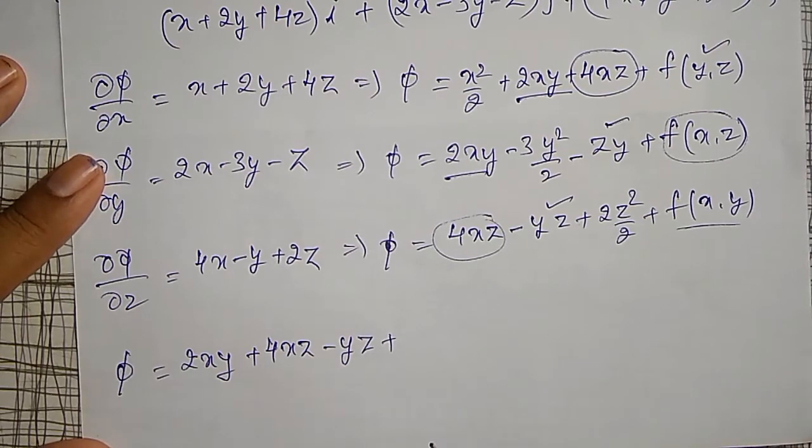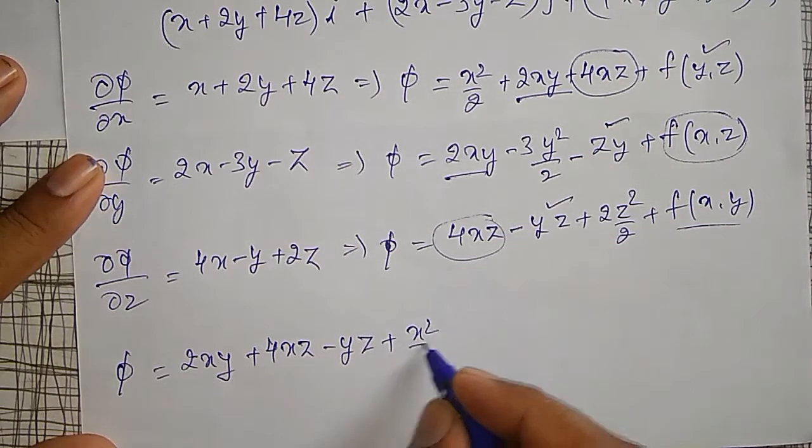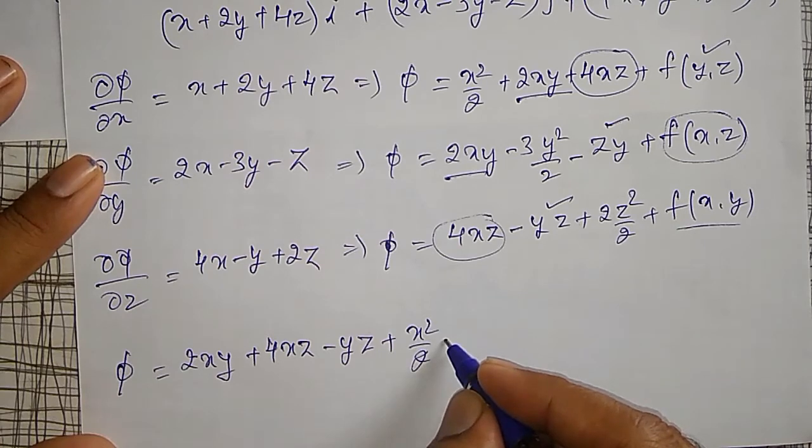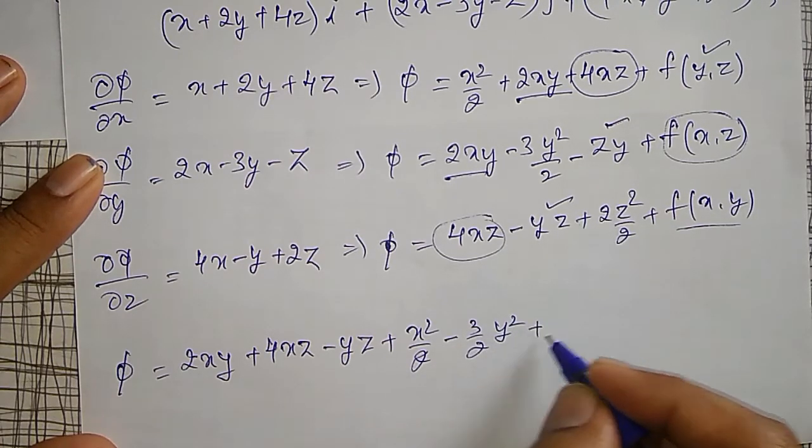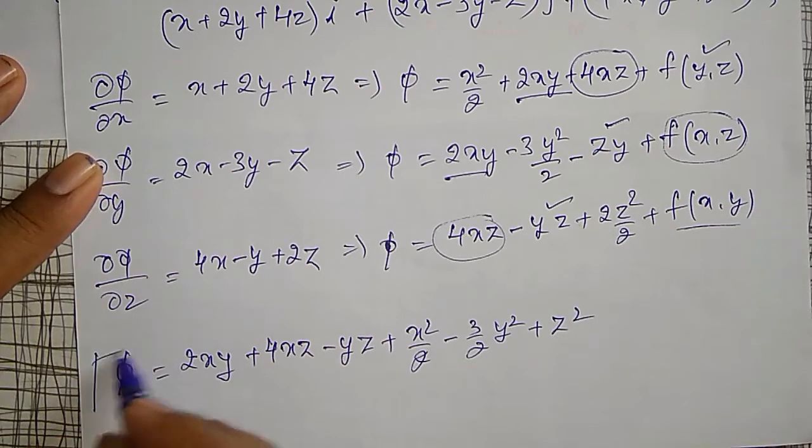Then the non-common terms are x square by 2 minus 3 by 2 y square plus z square.